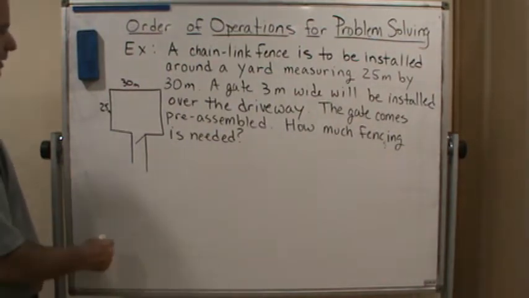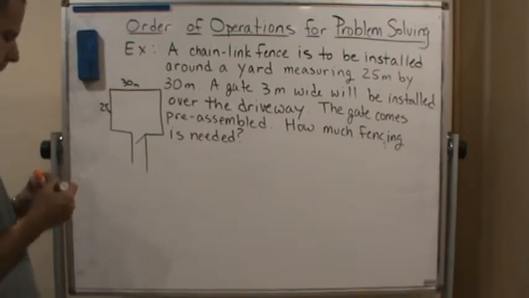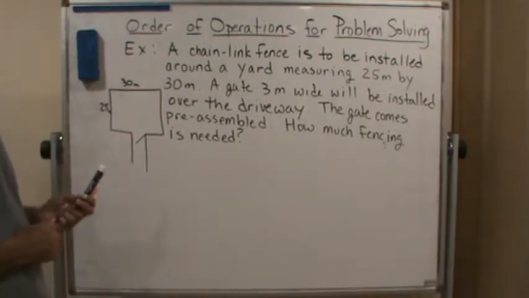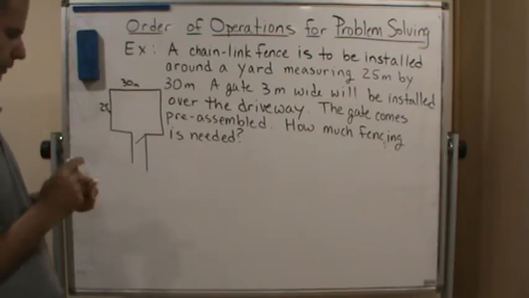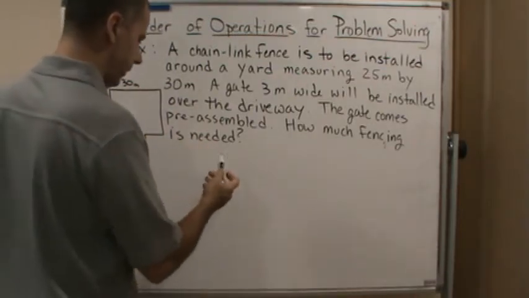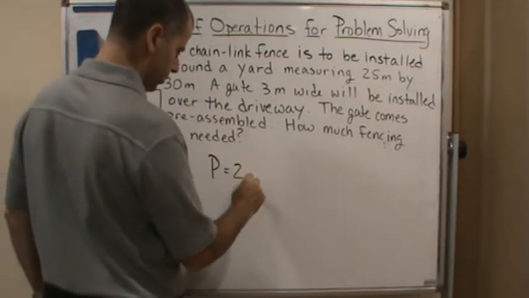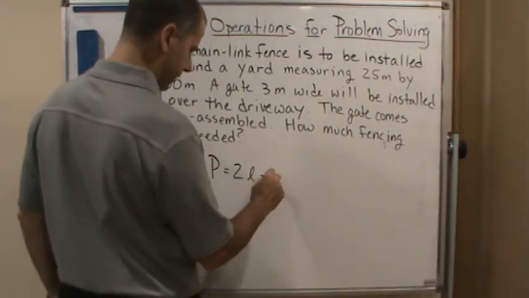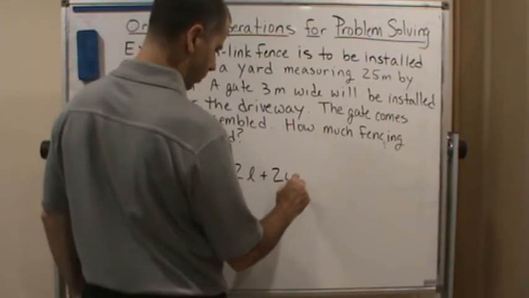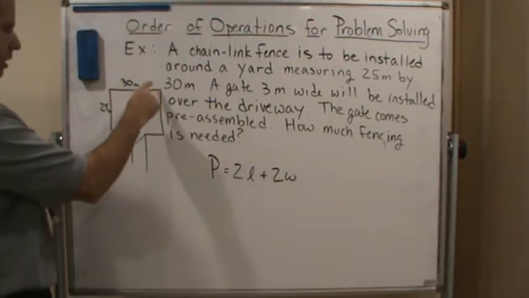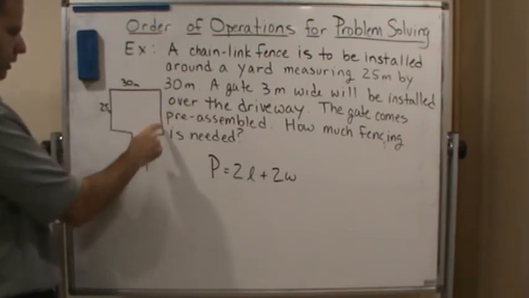How do you find out how much fencing you're going to need? Well, you know the perimeter of a rectangle is the distance around. The perimeter of a rectangle is 2 times the length plus 2 times the width. That gives us the complete distance all the way around the yard.